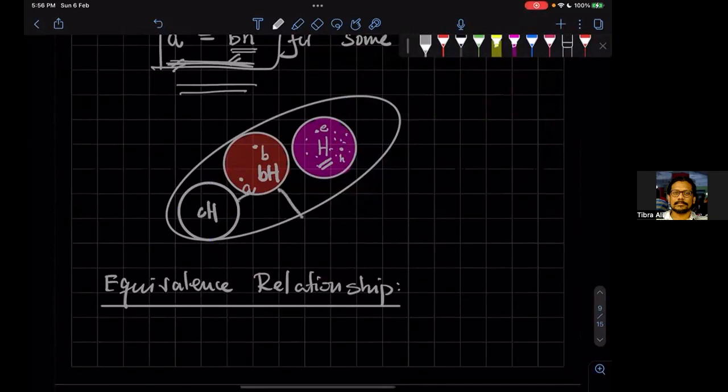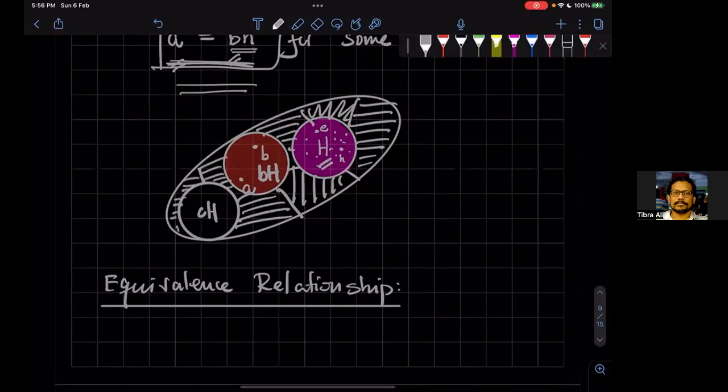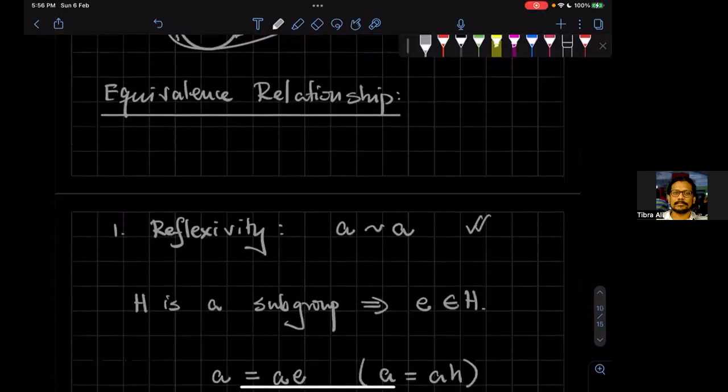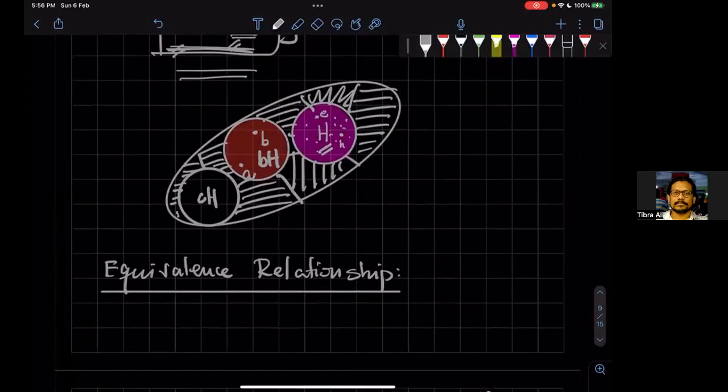So essentially this group will get divided into different cosets, right? All of these domains are different cosets. So now if I take each of these cosets and treat them as an element of another set, that set is the coset space.